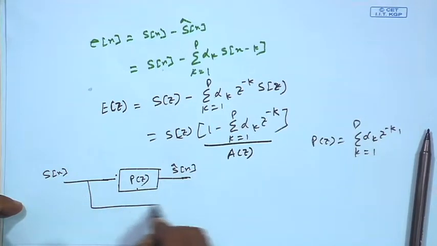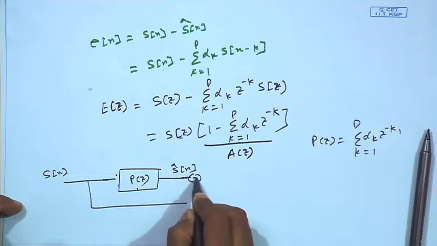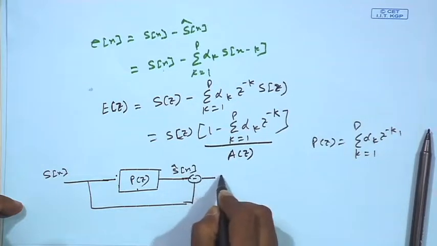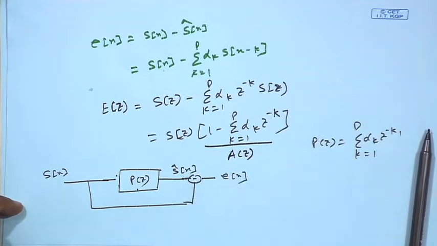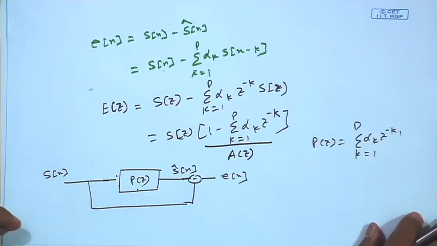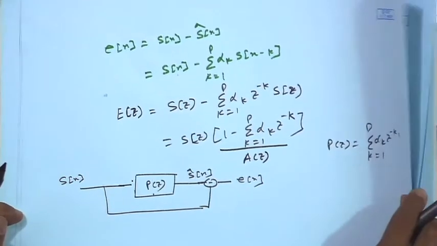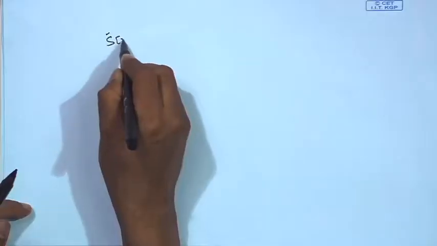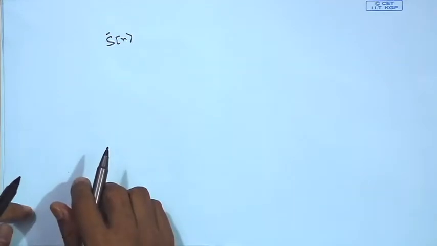Now, if I take the difference of those two signals, I get the error signal, which is e[n]. Or in the system diagram, I can say from the beginning that S[n] minus S cap[n] is my error.